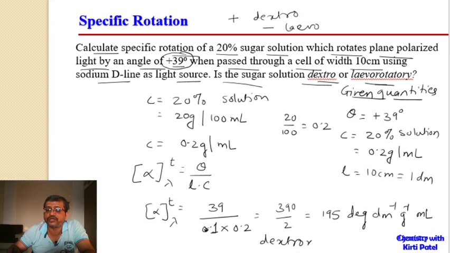Our sugar solution is a dextrorotatory. Our molecule will be a dextrorotatory molecule, that is a sample which rotates the plane of plane polarized light in a clockwise direction.